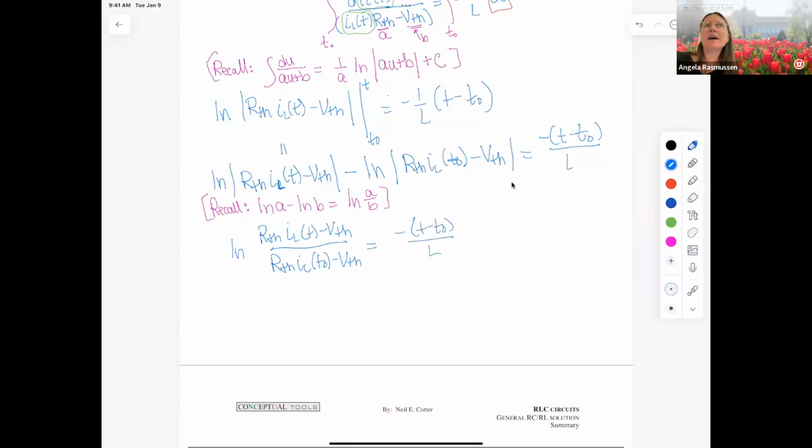And then to get rid of that natural log, remember you have to take e raised to it. So I'm going to put in e. And if I raise one side, I have to raise the other side to e.